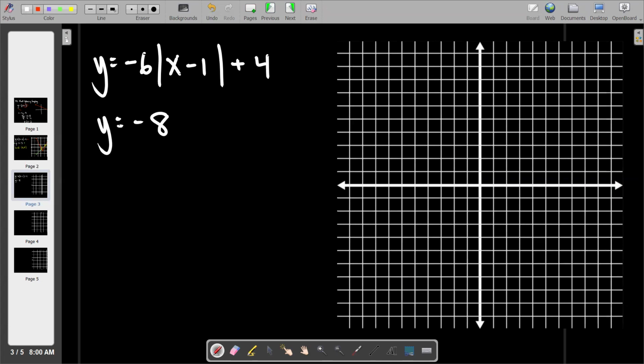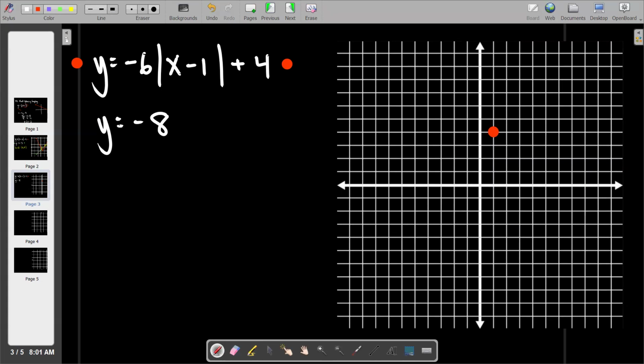So, keeping with consistency, let's start with the top one first. Like you said, we've got to find our home base. Where would we go to find the home base? Perfect. So we're going to go right 1, up 1, 2, 3, 4 and put a dot. And then what are the slopes of the arms? They're going to be steep, right? The slopes are either 6 or -6.